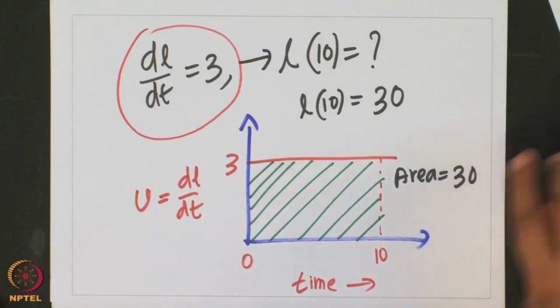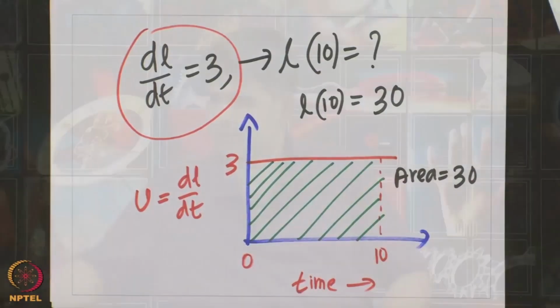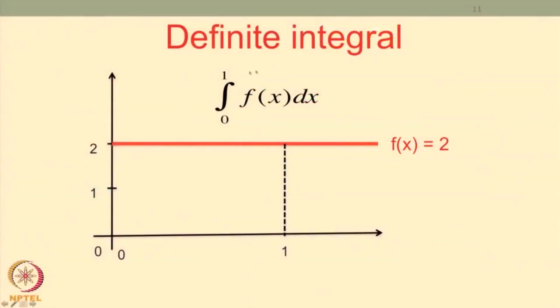So let us understand this in a different way. This thing is also called a definite integral. The way to represent a definite integral is to put two numbers at the ends, 0 to 1, f of x dx. These two numbers are called the lower limit and upper limit.